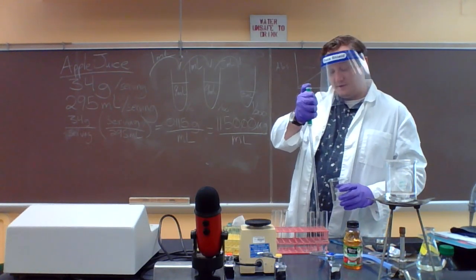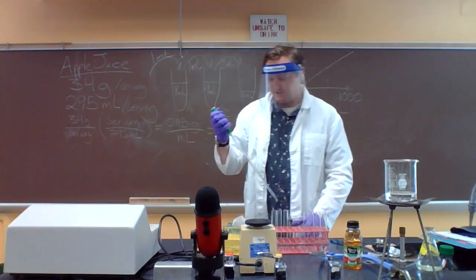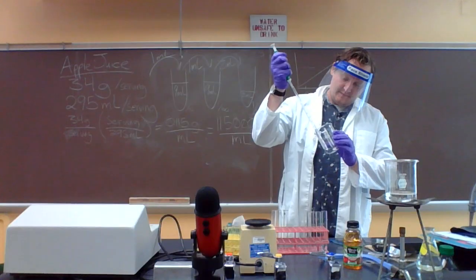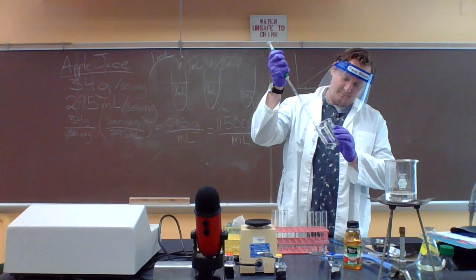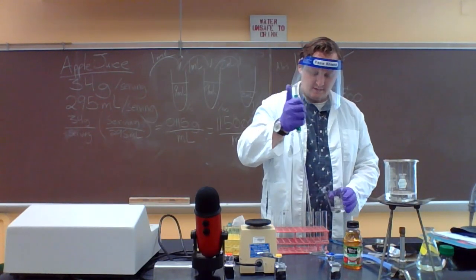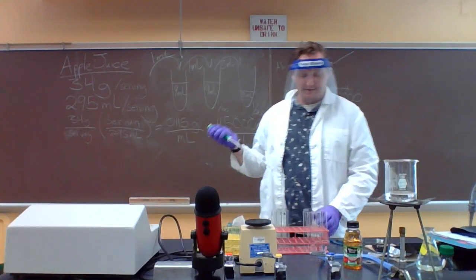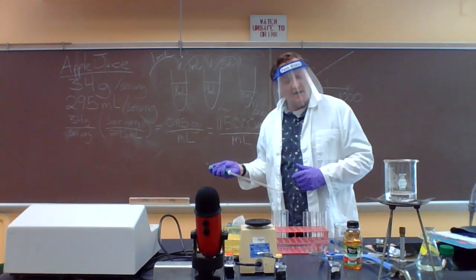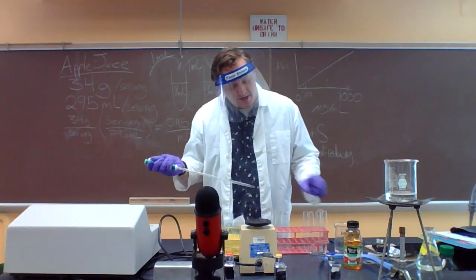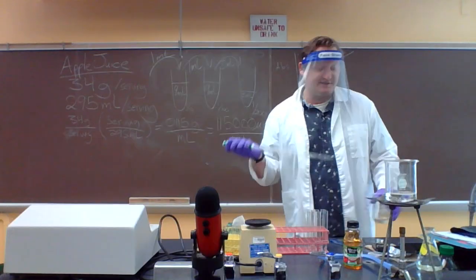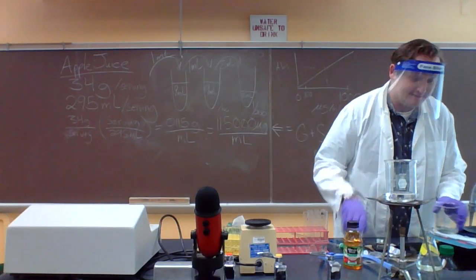And only 5 milliliters of water to tube 3. Stupendous. All right. Now I know I'm going to also be doing that 1 in 500 dilution, so I'm going to set up the first 2 steps in the same way.